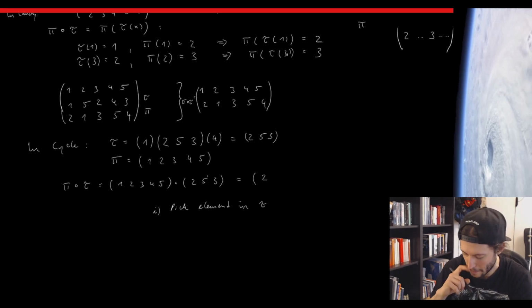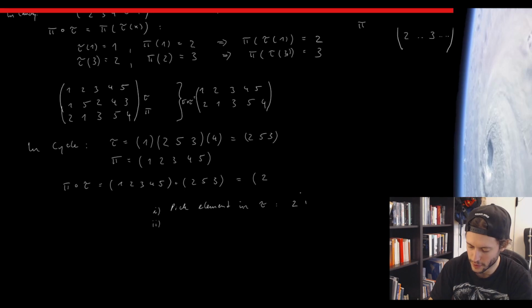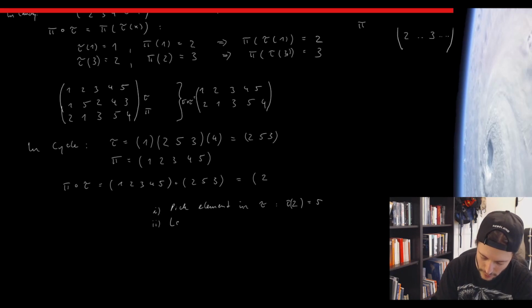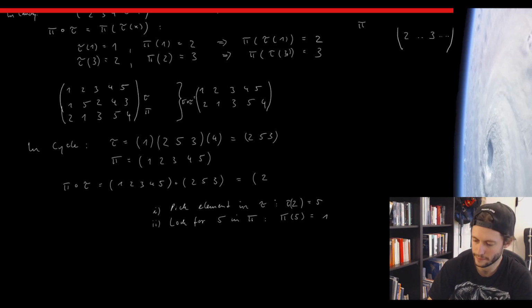It's mapped to 5 in tau. Let's write tau of 2 equals 5. Now look for 5 in pi. Pi of 5 equals 1. So essentially, in the composed permutation, 2 gets mapped to the 1.